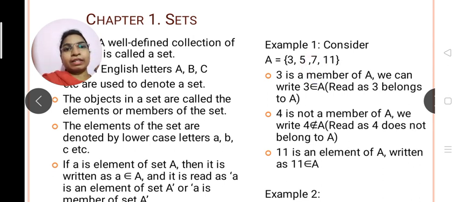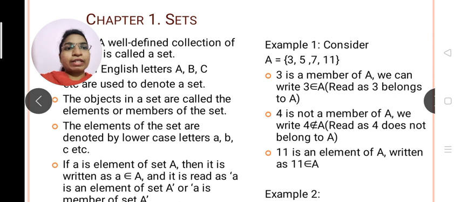The set is denoted by a capital letter, its elements are written in curly braces, and they are separated by a comma. Now listen, how many elements are there? A is a set of 3, 5, 7, 11. These 4 elements are there.